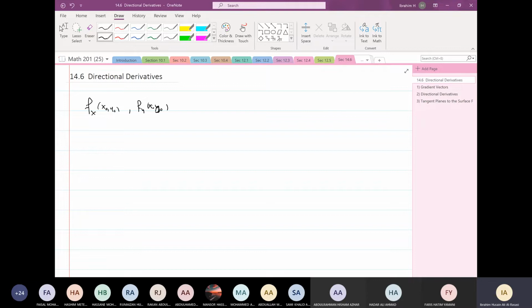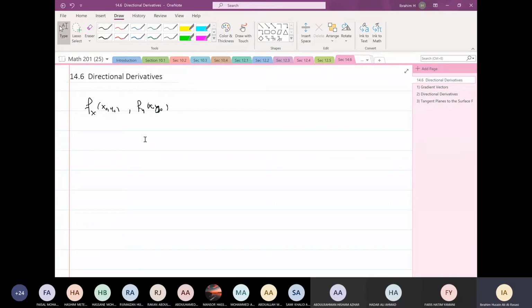Pay attention. To understand the main idea, we just have to recall the geometric meaning of f sub x and f sub y. If you forget, no problem, I will recall it now.